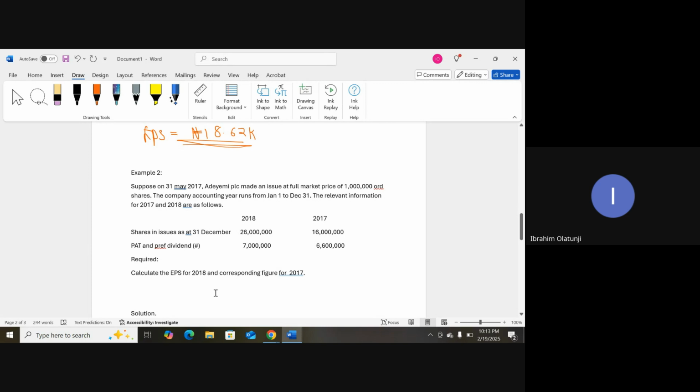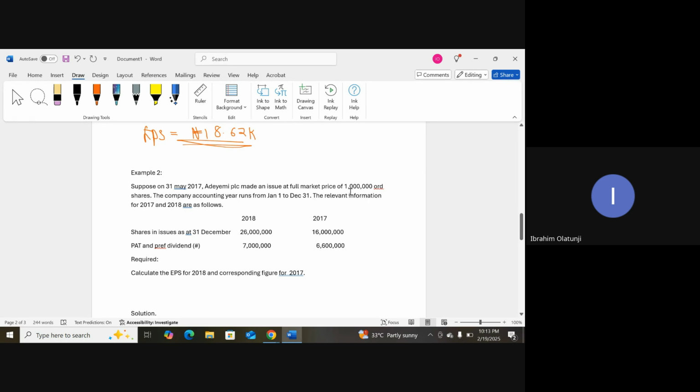So I want to calculate EPS for 2018 and the corresponding figure for 2017. For 2018, I have shares in issue of 26 million shares. So for 2017, you know 2017 will come before 2018, I have 16 million.